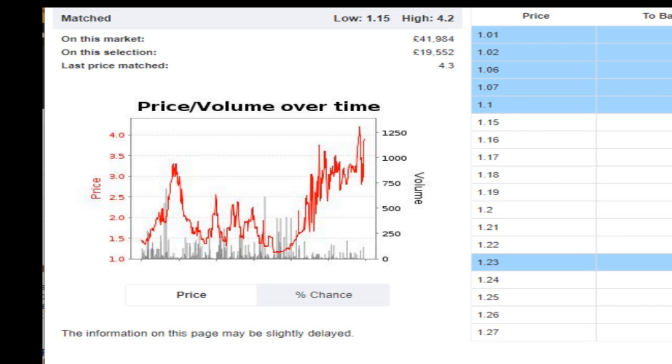because that way we will gain more value. So imagine you laid at odds of 1.2 for £10. What you would want to do then is, as the odds start to rise, you want to take out some of your liability. This is all dependent upon if this is the strategy you're doing.